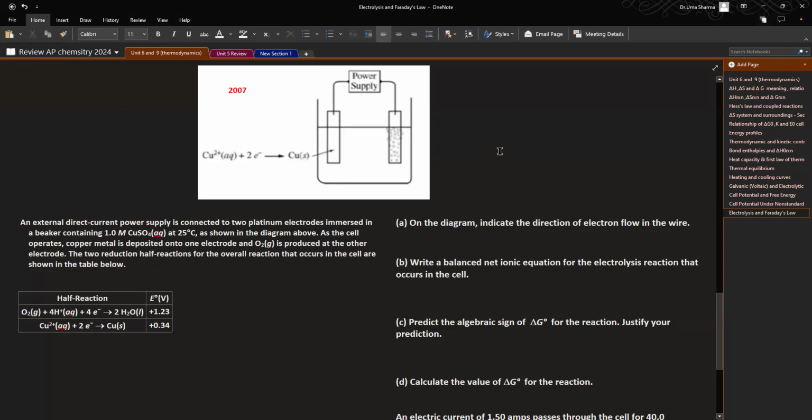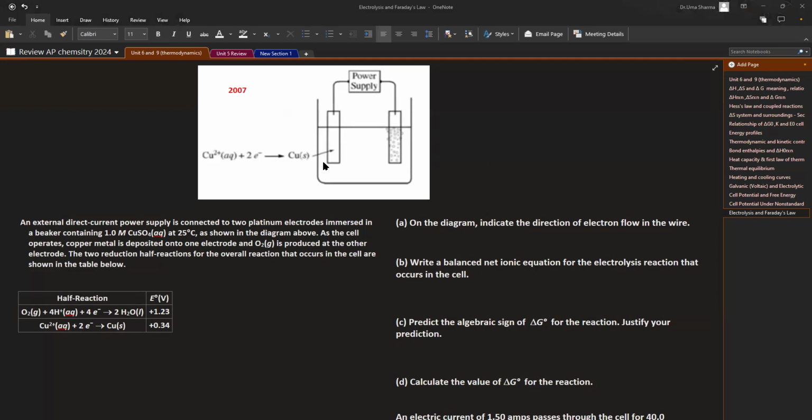Electrolytic. What is this? Anode or cathode? See, the reaction is given. Yes, it is cathode. Yes, very good, Nivriti.